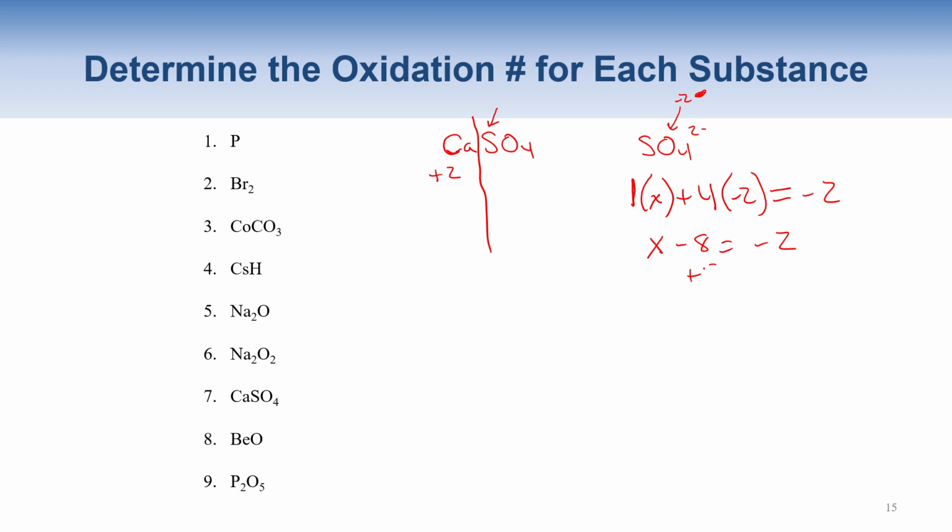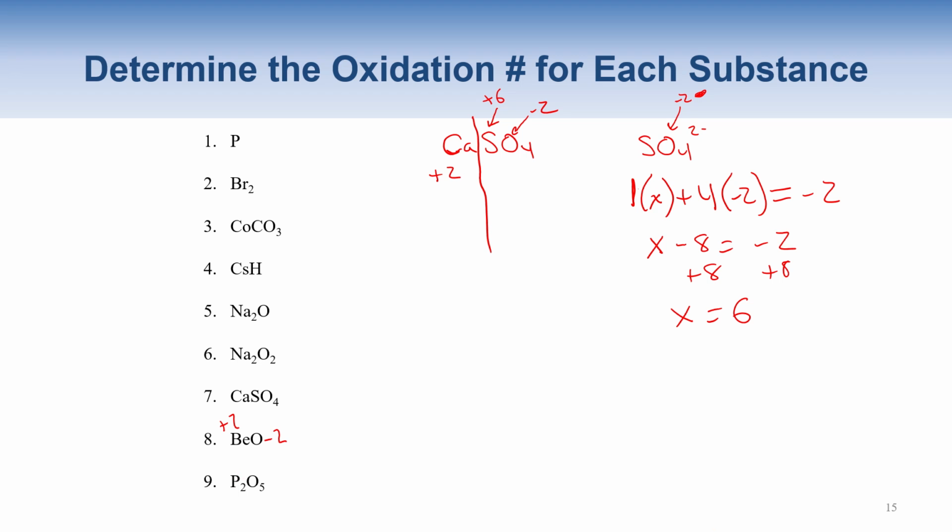We add 8 to both sides, and that gives us x equals 6. So sulfur is +6, and oxygen is -2. Oxygen here is -2, beryllium is then +2, and that's because they have to sum to 0.